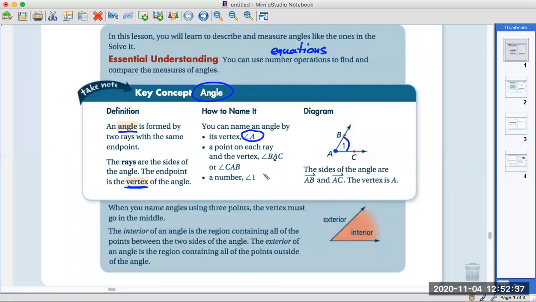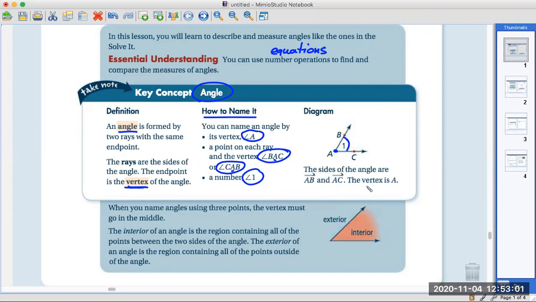Notice how the vertex letter is in the middle. You can call it BAC or angle CAB, either way. It doesn't matter, as long as the vertex is in the middle. Sometimes you have a number inside the angle and you can also name it by that number. So these are the ways to name angles.